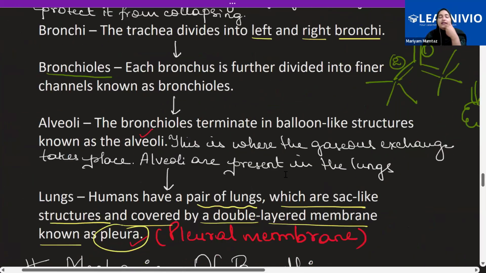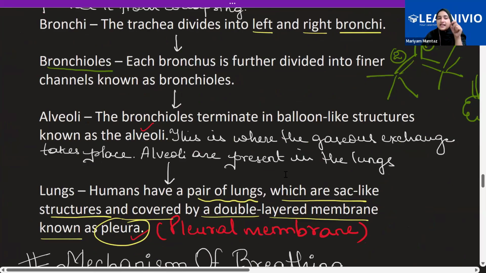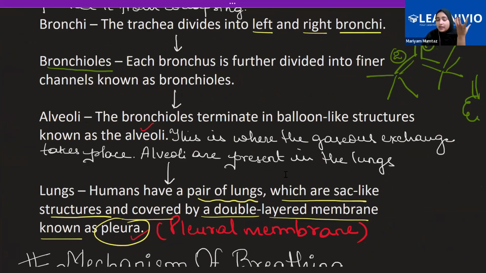Now, from there, the air would move inside the alveoli, which is a balloon-like structure wherein the exact gaseous exchange takes place. And lastly, all of these, bronchioles, bronchi, alveoli, are present in the lungs.